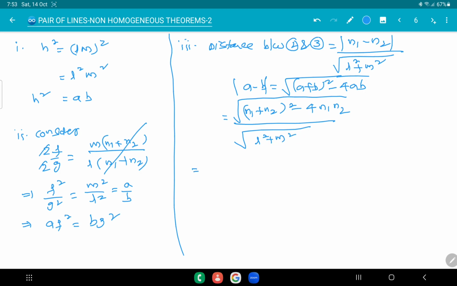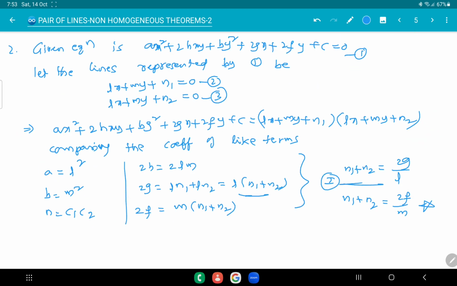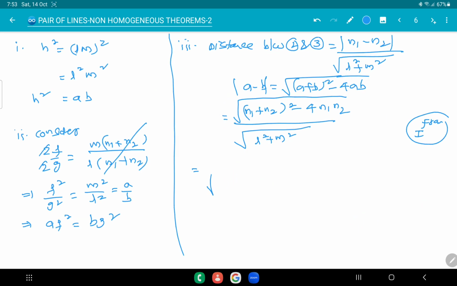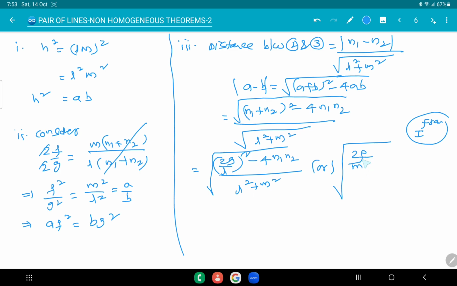Observe that n1 plus n2 from 1 can be written in two forms: one is 2g by l, another one is 2f by m. So one single square root is enough. It is root of ((2g by l) whole square minus 4 n1 n2) by (l square plus m square), or if we substitute 2f by m instead of n1 plus n2, root of ((2f by m) whole square minus 4 n1 n2) by (l square plus m square).